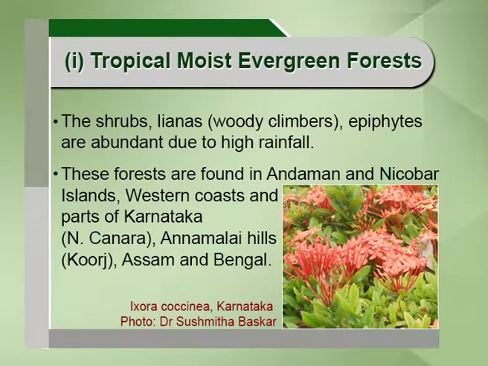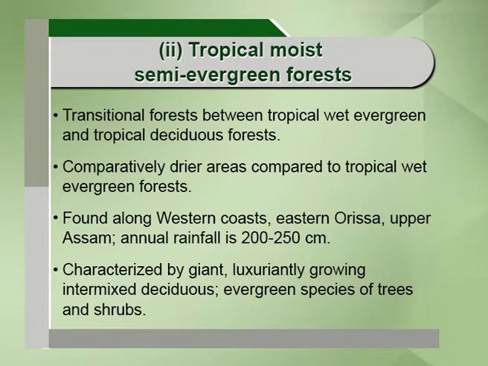The tropical moist semi-evergreen forests are also transitional forests between the wet evergreen and the tropical deciduous, and they are drier areas compared to the wet evergreen. They are found in the western coast, eastern Orissa, Assam, and they are characterized by luxuriantly growing intermixed deciduous and evergreen species of trees and plants.